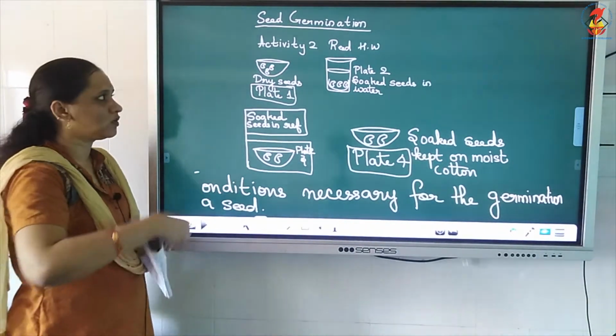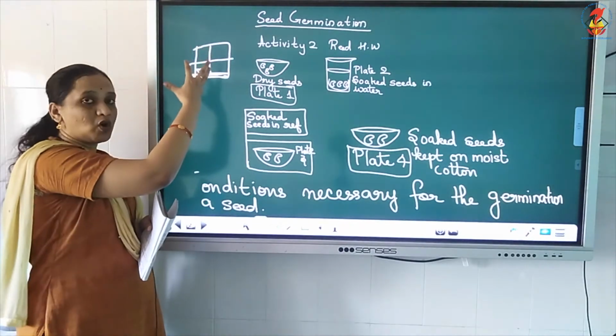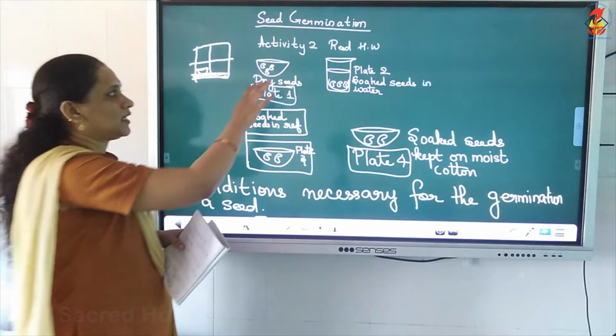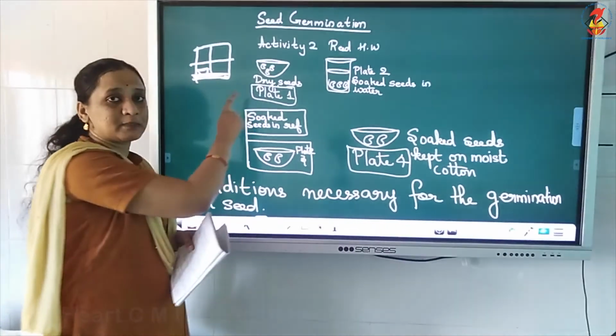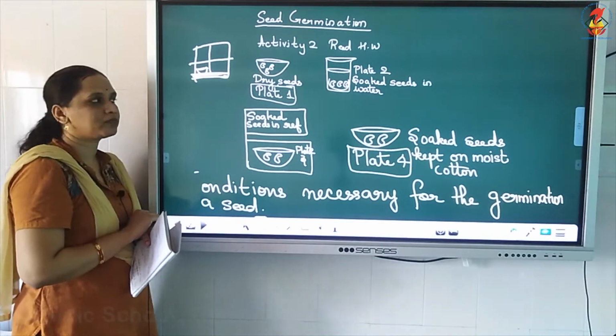What is this windowsill? You have the window here and you have this windowsill and you keep your plate here. So what happens? This gets the light, it gets the warmth and it gets the air. So you take dry seeds, it is plate 1 and you keep it in the windowsill.